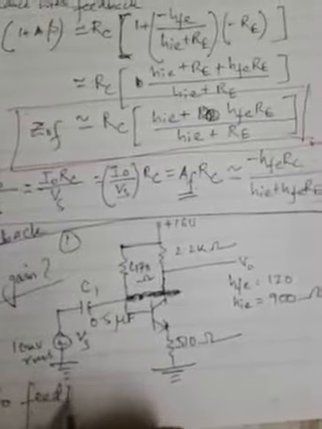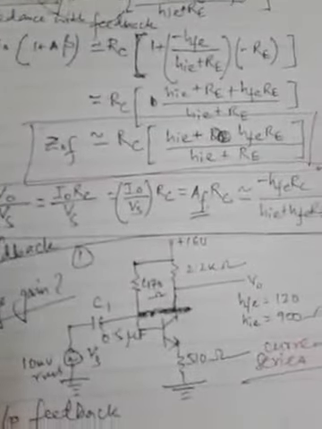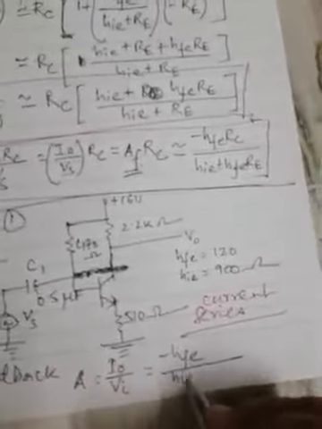So without feedback for this particular circuit using current series, so what is the feedback here? It is current series. So this is a problem on current series feedback on BJT amplifier. Now without feedback, gain A is given by, it is IO by VI when feedback is not used, and that is given by minus HFE by HIE plus RE from the expression we have derived just now a little while back.